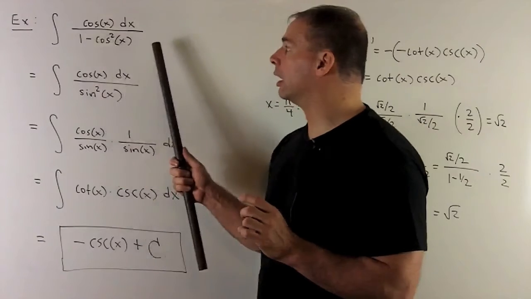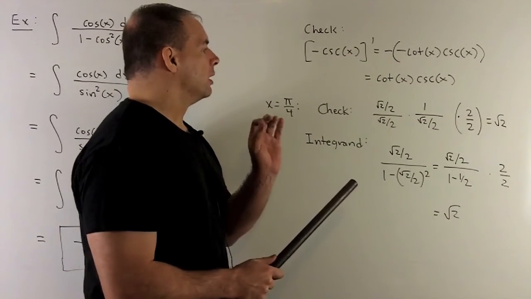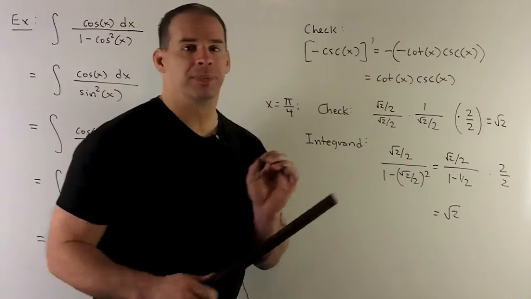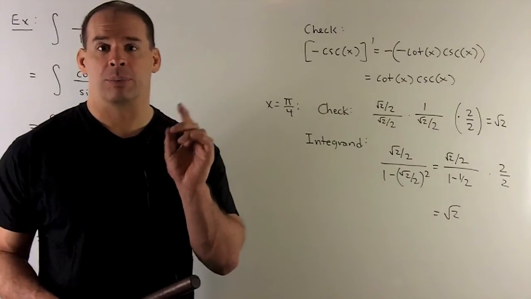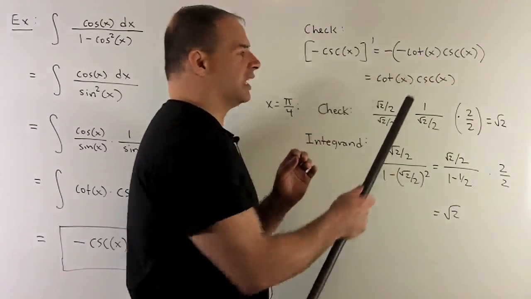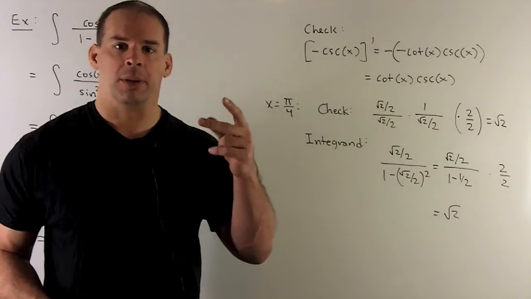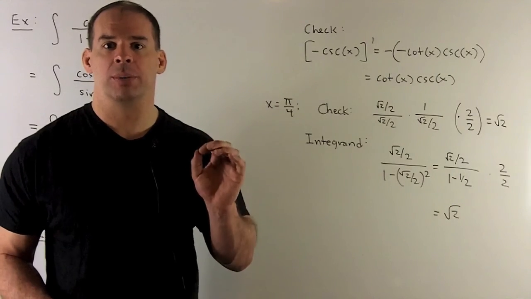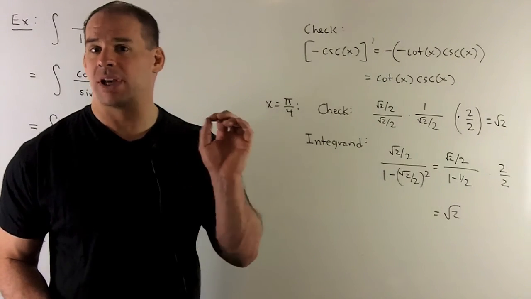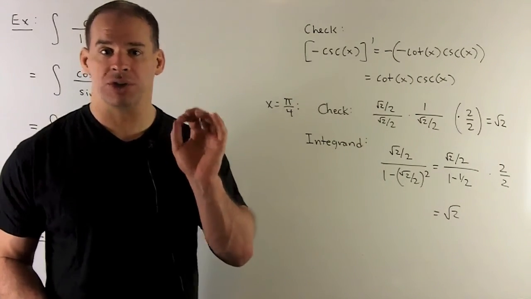So for our check, if I put pi over 4 into cotangent, it's cosine over sine. For pi over 4, they're equal, so we get a 1. And then for cosecant, that's 1 over sine. So we have 1 over square root of 2 over 2. Flip it up, we have 2 over square root of 2. The 2 can be written as square root of 2 times square root of 2. Cancel, and we're left with square root of 2.